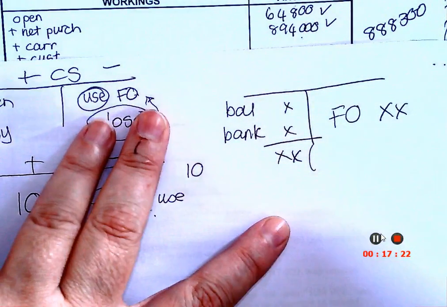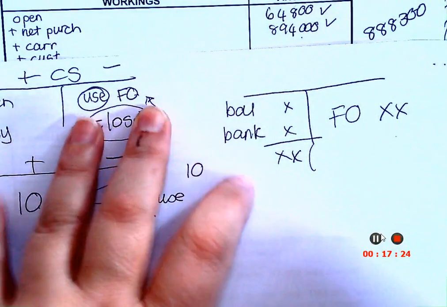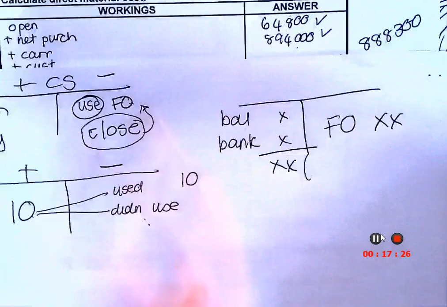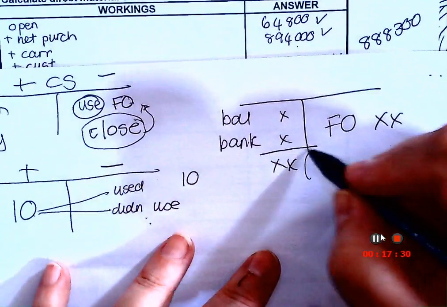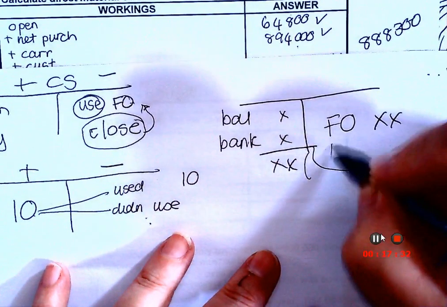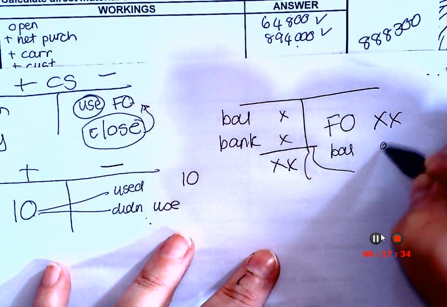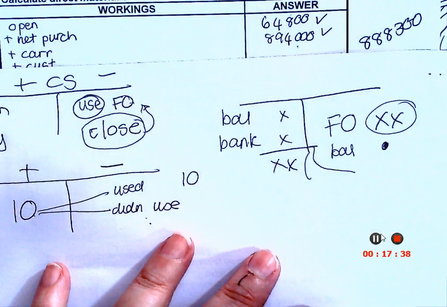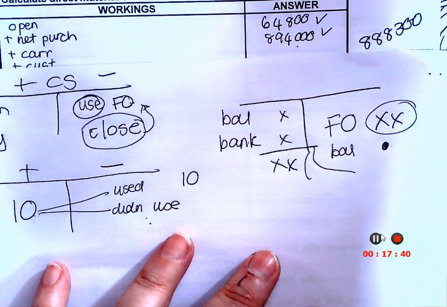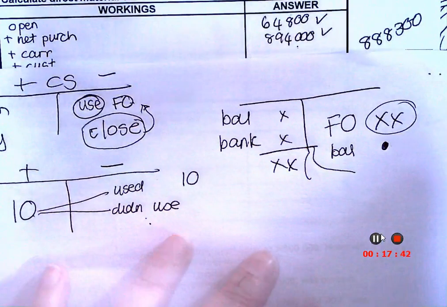You see? But now I say to you, oh, this isn't right, because there was actually a closing stock. So now can you see, if I say to you, oh, you're supposed to have a closing stock here, how's it going to change that? Is it going to make it more or less? Less.